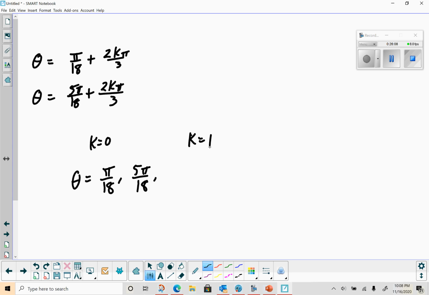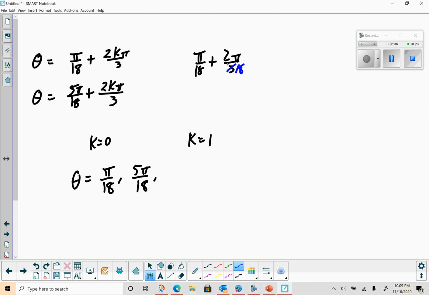What happens when k is equal to 1? Oh, yay, you guys love fractions, don't you? So this turns out to be pi over 18 plus, well, if k is 1, that's 2 pi over 3. Well, now we do need the common denominator.